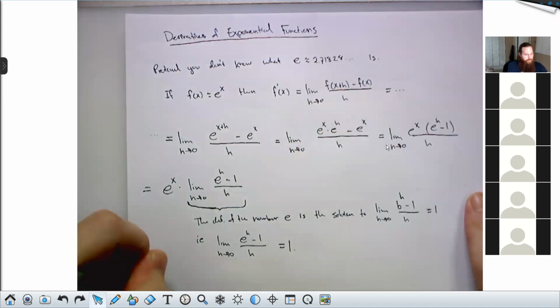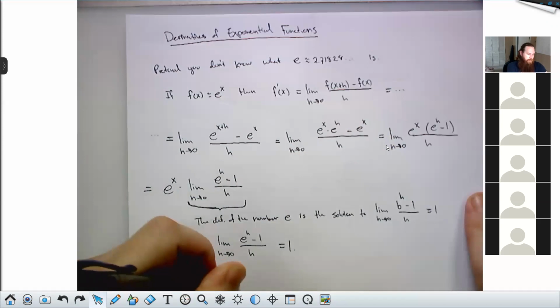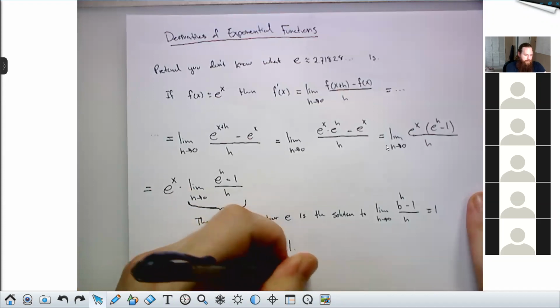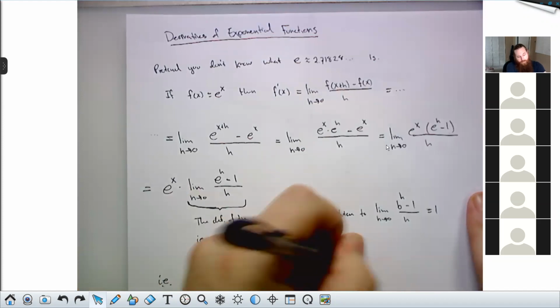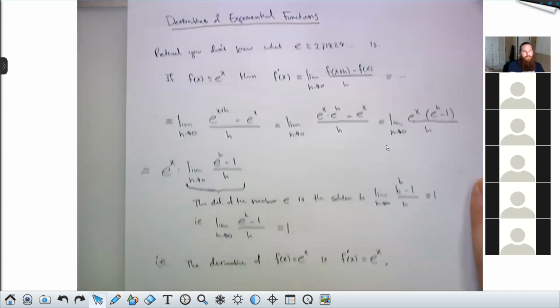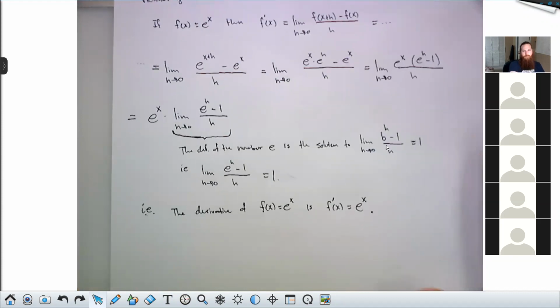In other words, the derivative of f of x equals e to the x is f primed of x equals e to the x. This is a big deal. E to the x differentiates to e to the x. It's its own derivative. That's a big deal.